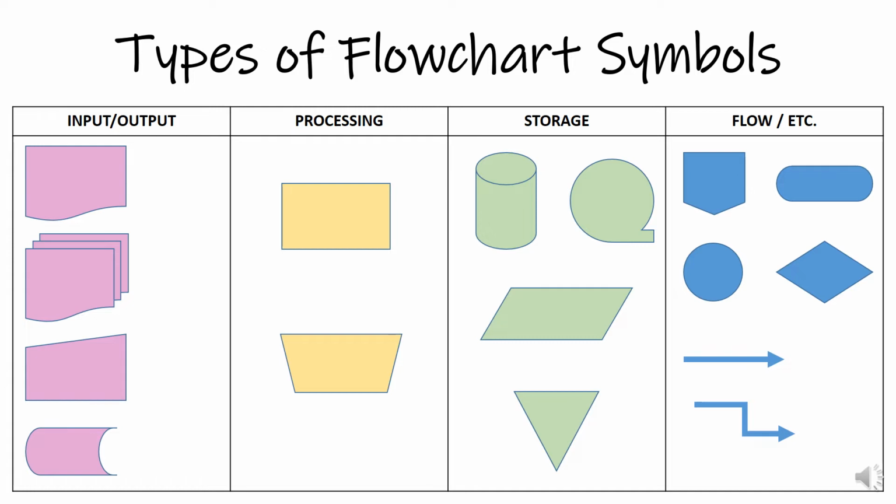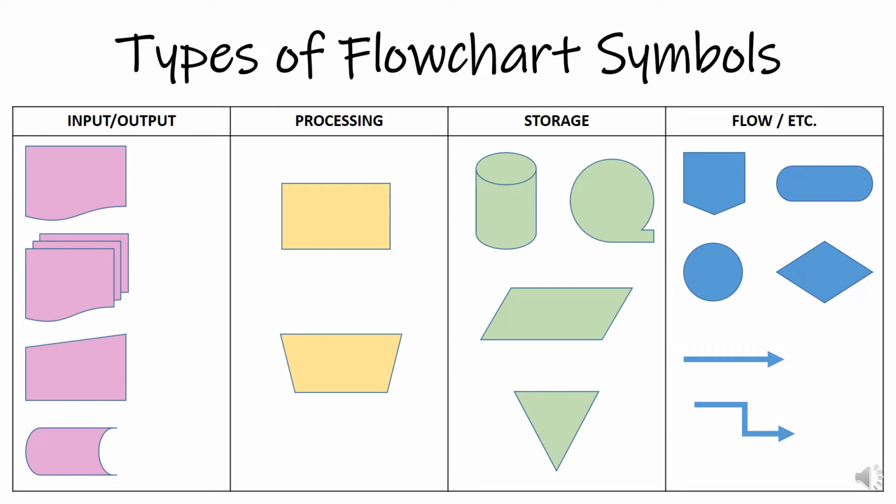In the processing column, the rectangle indicates a computerized or automated process, whereas the trapezoid indicates a manual process. In the green storage column, the cylinder indicates the database, whereas the icon that looks like a tape indicates where manual records are stored on magnetic tape.